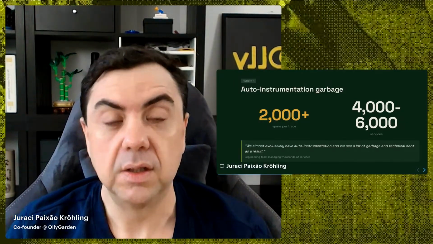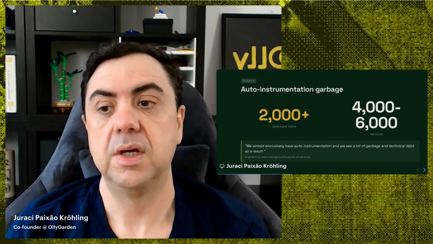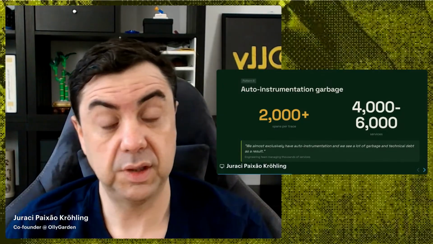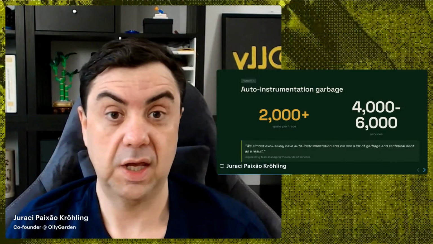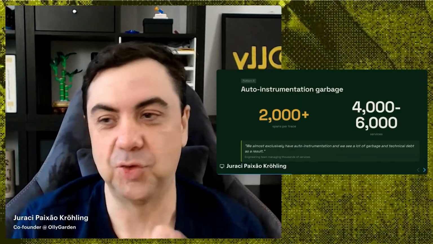It's way better to have auto instrumentation in our code than to not have any telemetry at all, right? So it's good that we have telemetry. It's good that we have auto instrumentation. It's better if we have good telemetry. So worst case scenario, no telemetry, then bad telemetry, and then good telemetry. Good telemetry is the ideal. But it's kind of utopic as well, right?